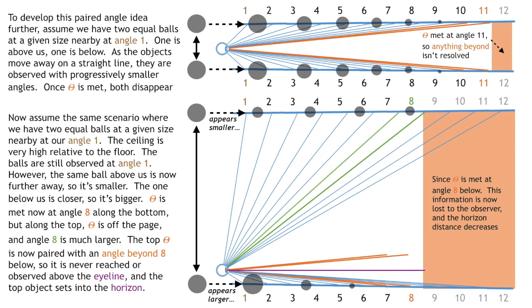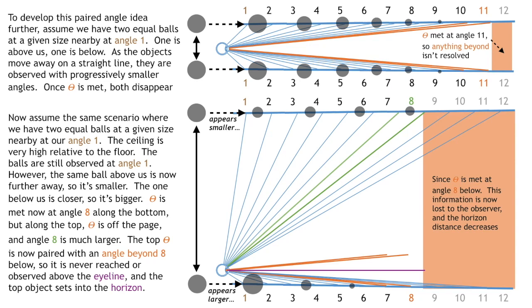So our angle 8 now along the top, you can see is much bigger in comparison to angle 8 along the bottom. And if we try to find what theta would be, what angle that would correspond to, along the top, it's off the page. It would possibly be in the hundreds.